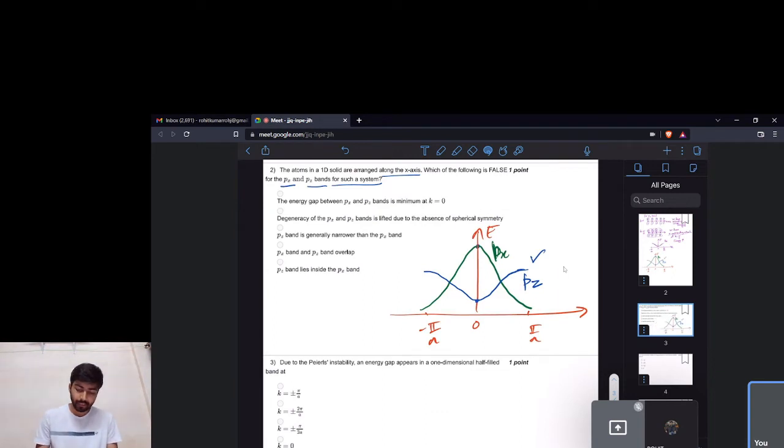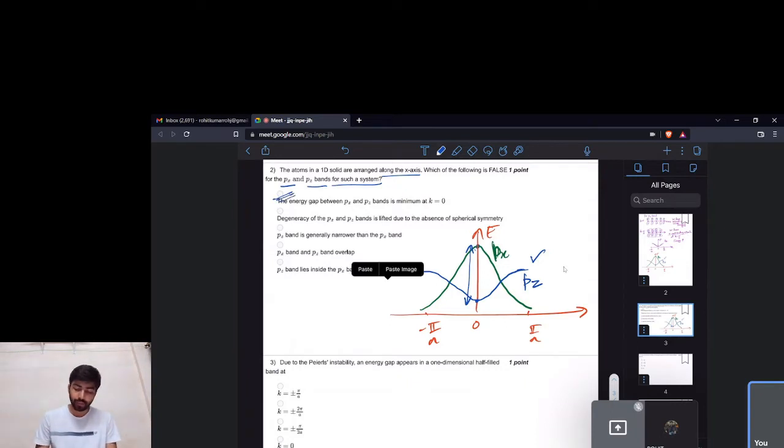So what it says is the energy gap between px and pz bands is minimum at k is equal to 0. In fact, this energy gap is maximum, not minimum. So this is a false statement straight away.